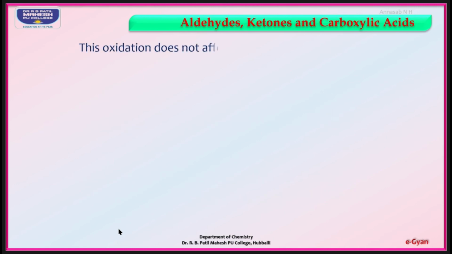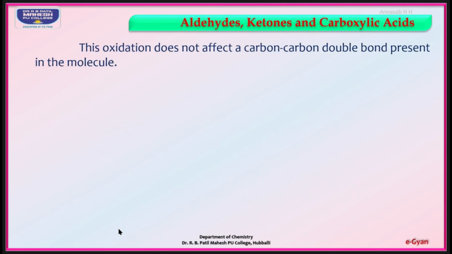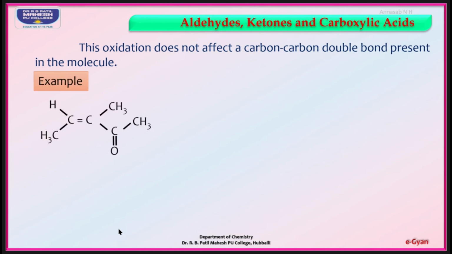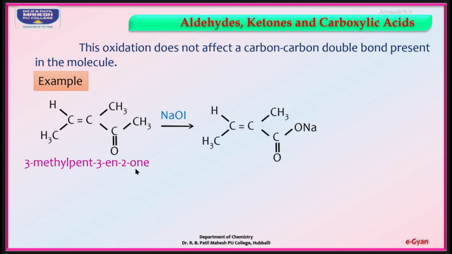This haloform reaction does not affect the carbon-carbon multiple bonds present in the molecule. For example, here we have a compound where there is a carbonyl group to which one CH3 group is attached. It means it can undergo haloform reaction. And also there is a carbon-carbon double bond, which is not affected by the haloform reaction. The name of the compound is 3-methylpent-3-en-2-one, which when treated with sodium hypoiodite leads to the formation of the sodium salt of carboxylic acid, and iodoform is formed.